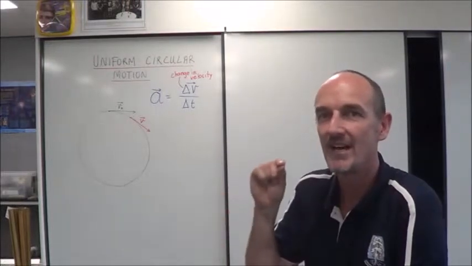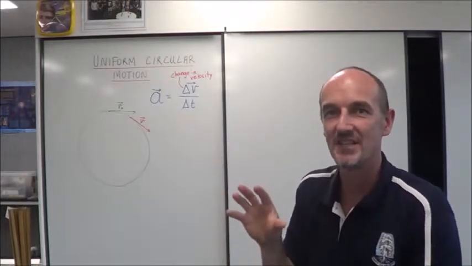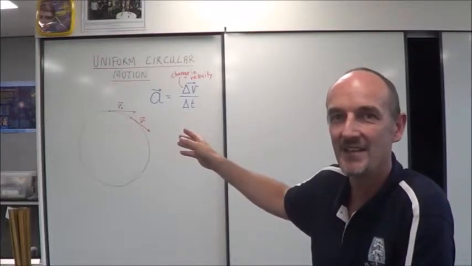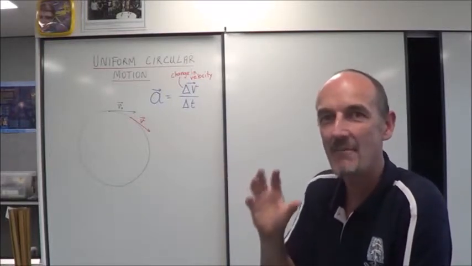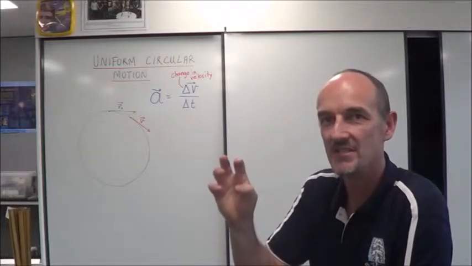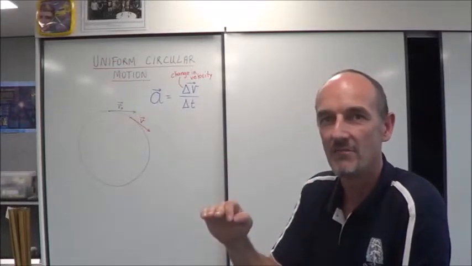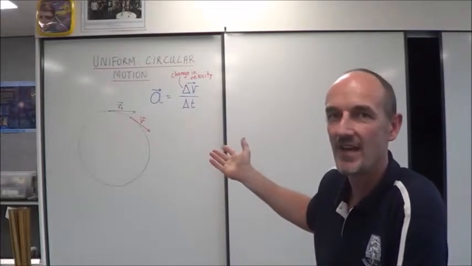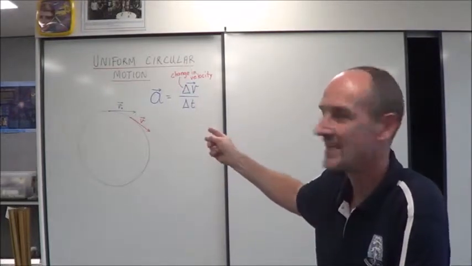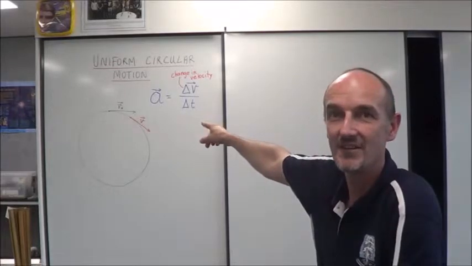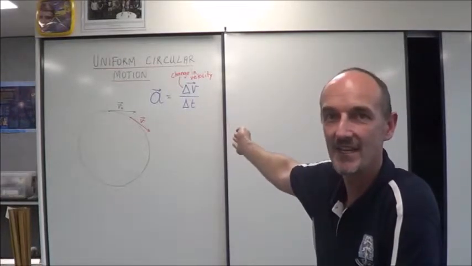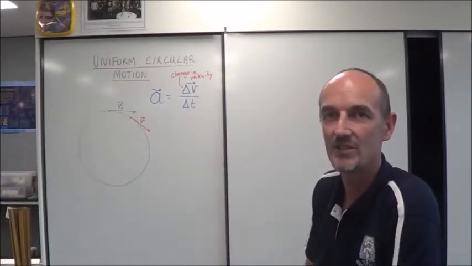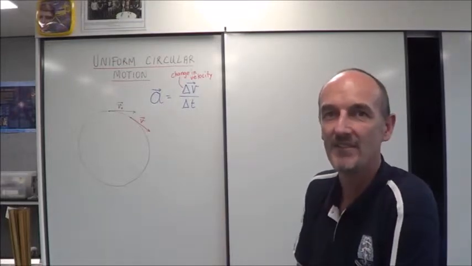So we have to look at our fundamental definition of acceleration, which I've got on the board there. That acceleration is how much the velocity changes per unit time. Alright? And to do that, we're going to start with our two velocity vectors. V0 is our starting velocity, and then V is our velocity at some point around the circle.